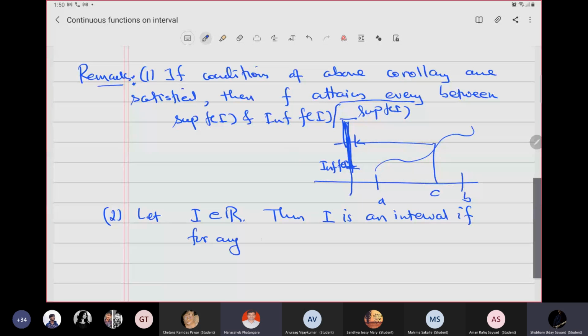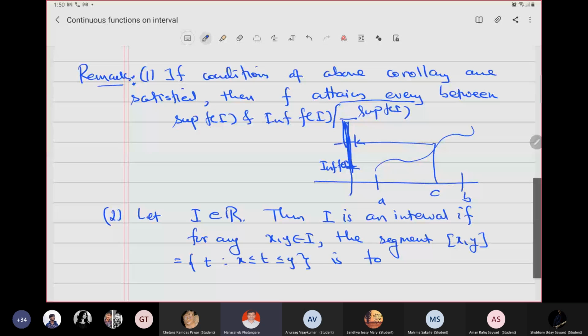For any x, y belonging to I, the segment xy, all of x to y, is totally contained in I. So this is actually the basic definition of interval.